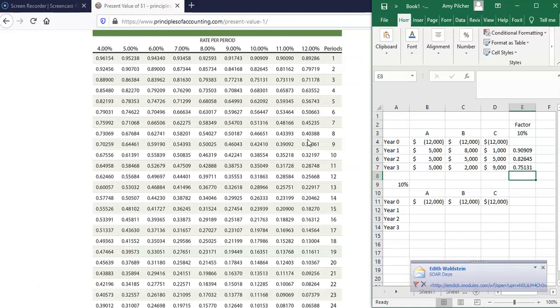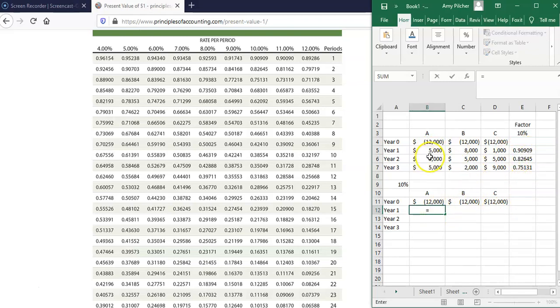So when we're looking at this, we want to take each amount of cash flows times our factor in order to discount it back. So we're going to take 5,000 times 909. We're going to do this for each project for each year so that we can get the present value of cash flows discounted back.